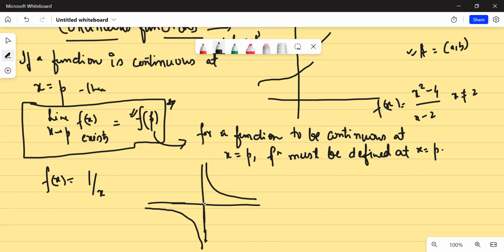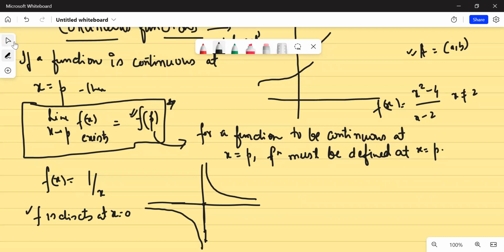So even if I don't make the graph, you are tempted to write that this function is discontinuous at x equal to 0. Why do you say so? Another thing that you know is that at x equal to 0 your function is not defined. Since your function is not defined at a point, your function will be discontinuous at that particular point.